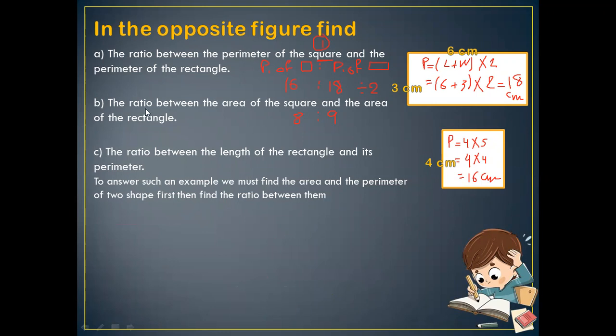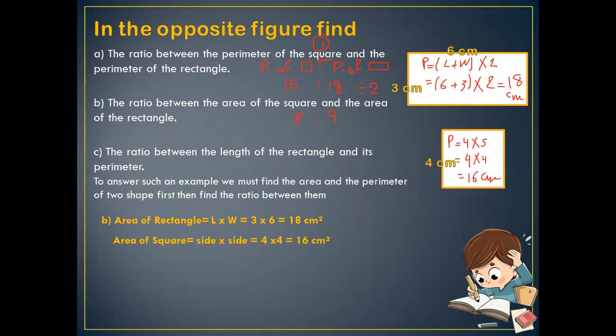Okay, let's see number B. He asks you for the ratio between the area of the square and the area of the rectangle. We know that the area of a rectangle is length times width, so 3 times 6 equals 18 square centimeters. And what about the area of the square?